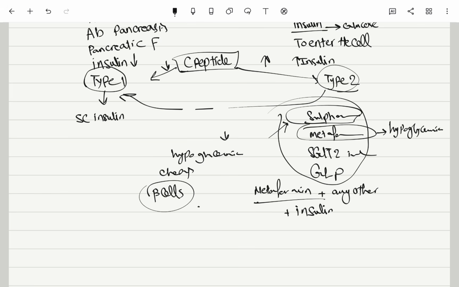So when there is no insulin, metformin can't increase insulin sensitivity because there is no insulin, and metformin can't stimulate beta cells to secrete insulin because the beta cell is fibrosed. So I should use any combination of them plus insulin. All of those can cause hypoglycemia except metformin.